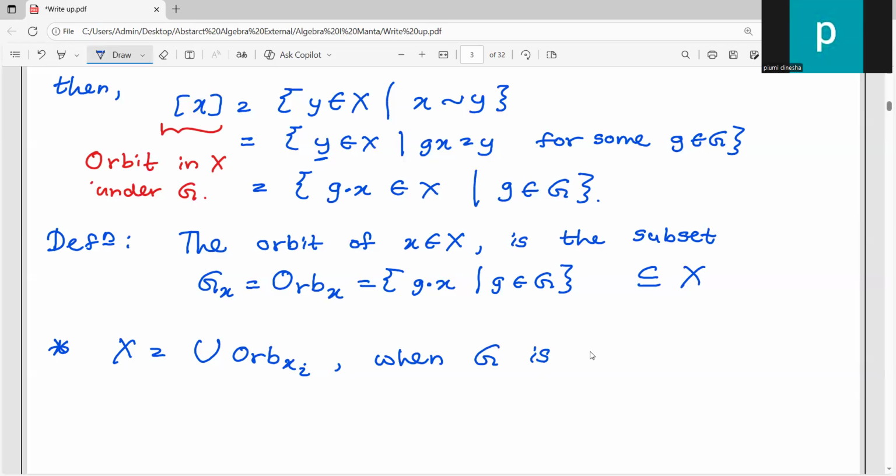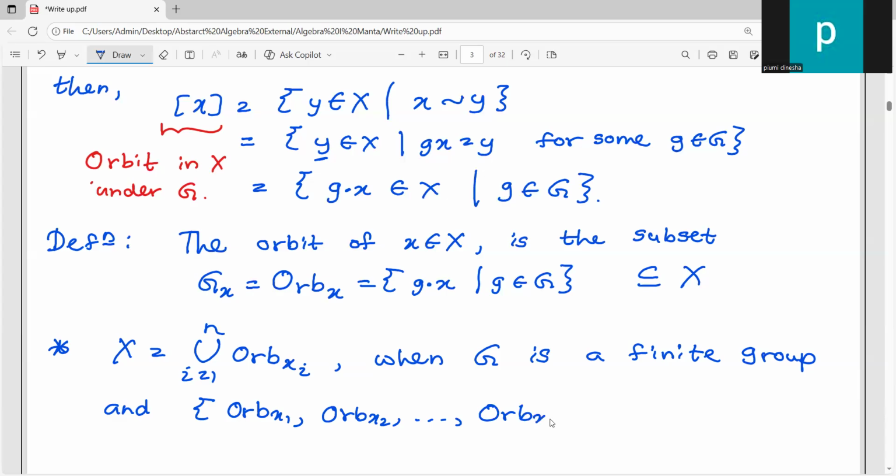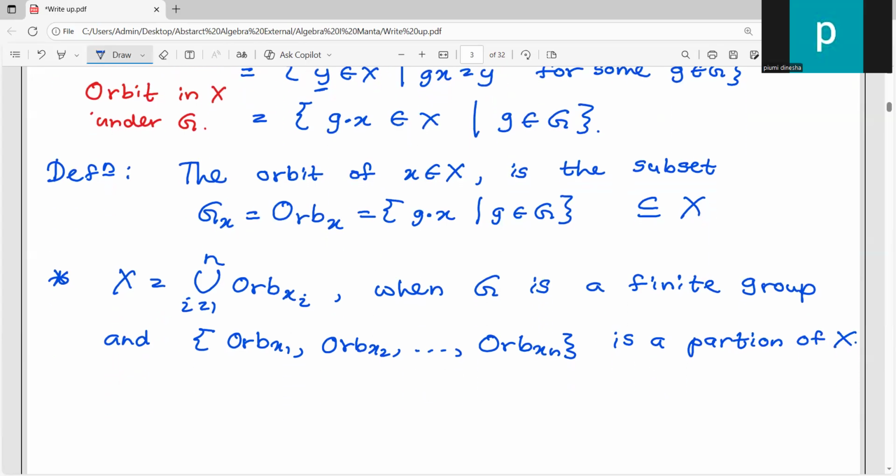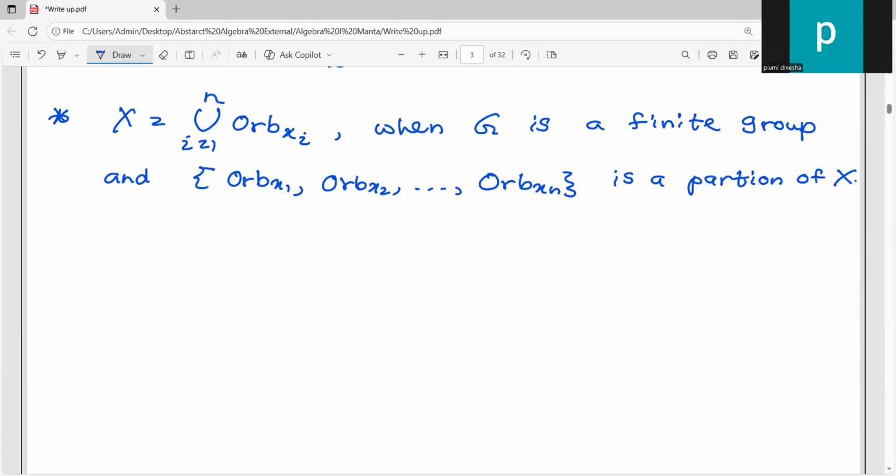When G is a finite group, we have a finite number of distinct orbits: orb x1, orb x2, likewise up to orb xn. And this is a partition of X.